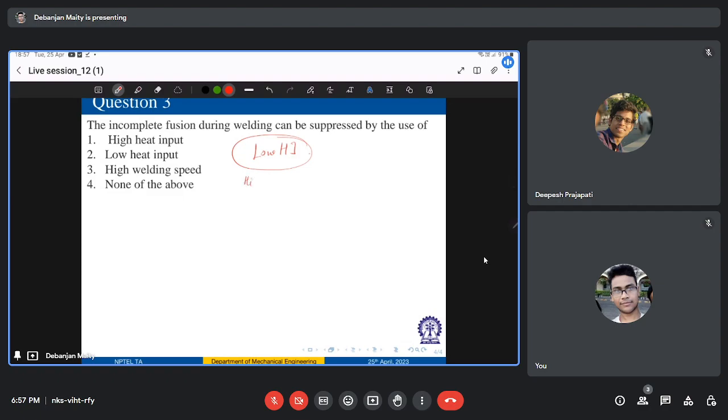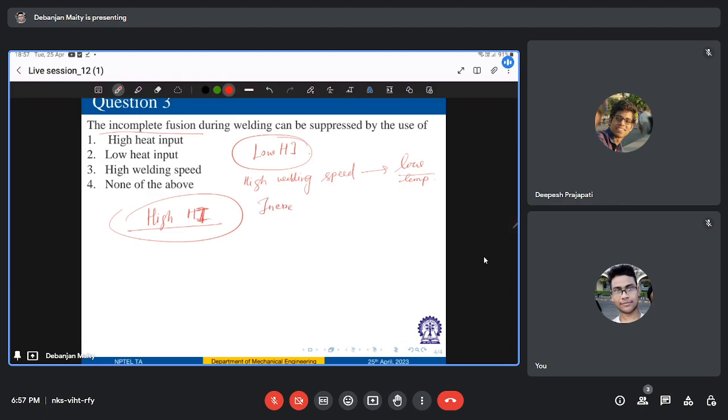High welding speed also will result in low temperature, right? So ideally, to avoid this incomplete fusion, you require high heat input, either by increasing the power, meaning you can increase the current setting, or increase the voltage setting, or you can reduce the welding speed, right?